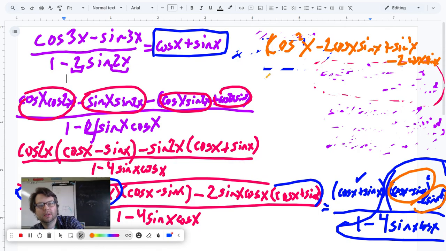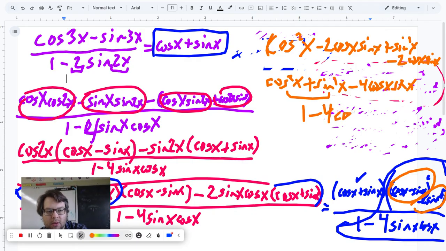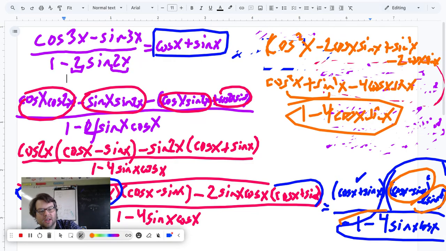If you gather your like terms, you have cosine squared x plus sine squared x minus 4 cosine x sine x. And cosine squared plus sine squared is 1. So we have 1 minus 4 cosine x sine x, which matches the denominator. So that all cancels out to be 1, and you have the piece that you wanted.